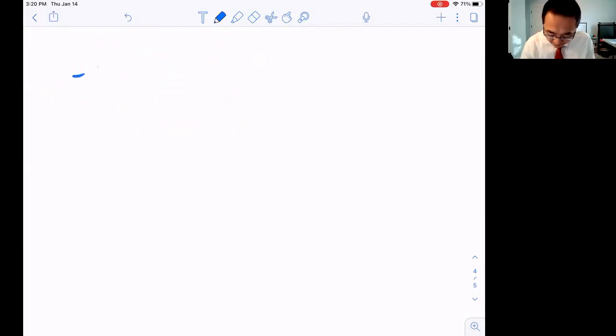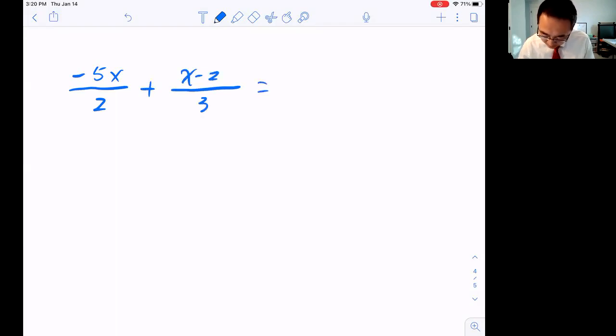Okay, let's do negative 5x divided by 2 plus x minus 2 divided by 3 equals negative 3/4. Okay, let's solve this one instead. Okay.